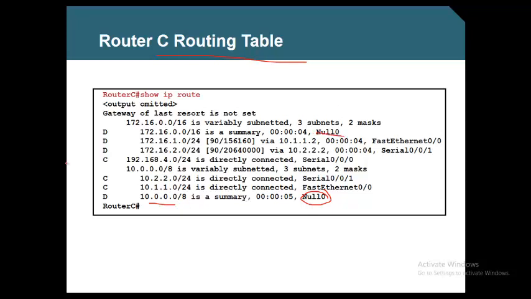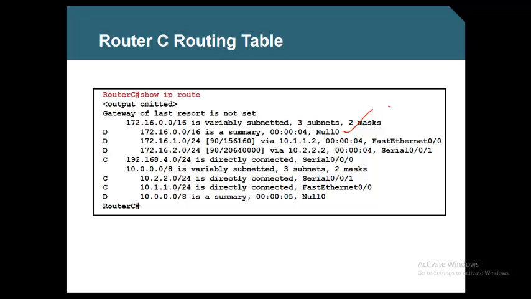Look at this. See, 172.16 is a summary of this one and this one. You agree? They belong to two different physical interfaces, isn't it? Now, how can the summary route point towards only Fast Ethernet? Not possible, right? So it cannot point to one of the interfaces. So to avoid problems, it is pointing towards some dummy interface, so that it will not end up in a black hole.